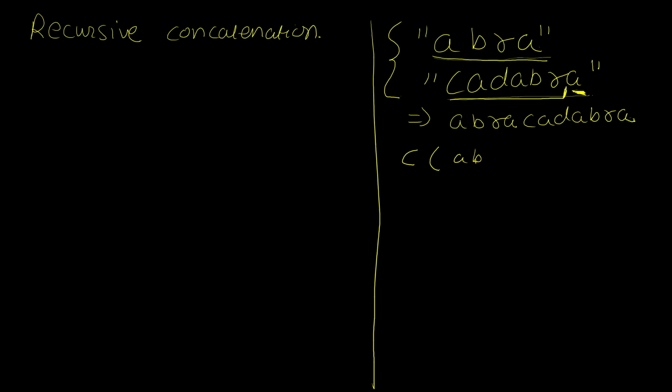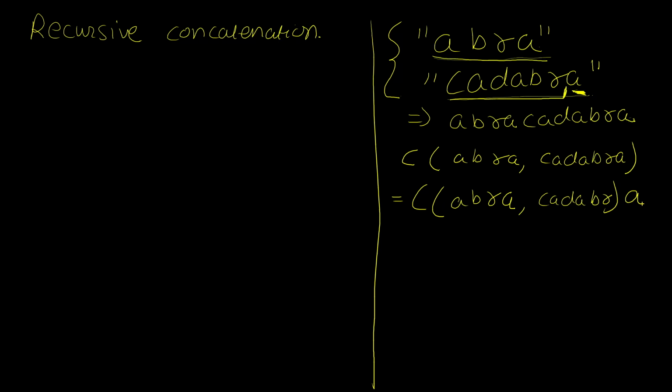So I want to be able to say that the concatenation of, so this is what I need. And the way I'll achieve this is by mentioning that this is the concatenation of this phrase ABRA and everything in the second phrase except the last character. And then I'll assume that the A is a part of my result. So I'll just put this outside. And you can see using this definition, I defined concatenation in terms of concatenation, but the size of the problem has reduced.